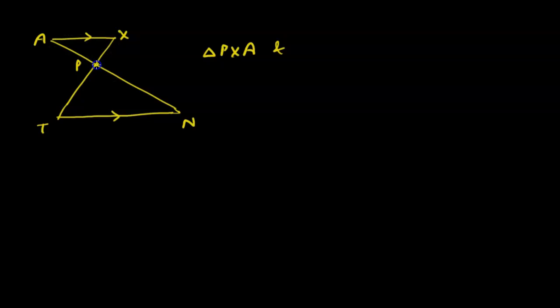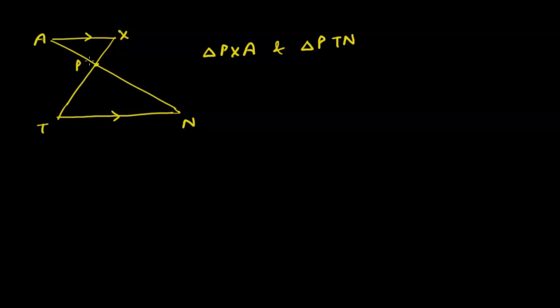So we read the point that's common to the two triangles first, so we write triangle P, then after P we write T and N. So triangle PXA is similar to triangle PTN.